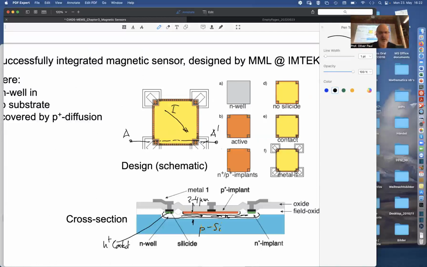Whereas if you didn't have this P+ implant, you would have the current flowing right underneath the oxide, some dielectric material, and that dielectric material has an interface that is far less smooth than a PN junction, and then the charge carriers that flow along scatter and they experience noise, and so you're obtaining a sensor that works, but it's a more noisy sensor. So your resolution will be more limited than if you have that P+.